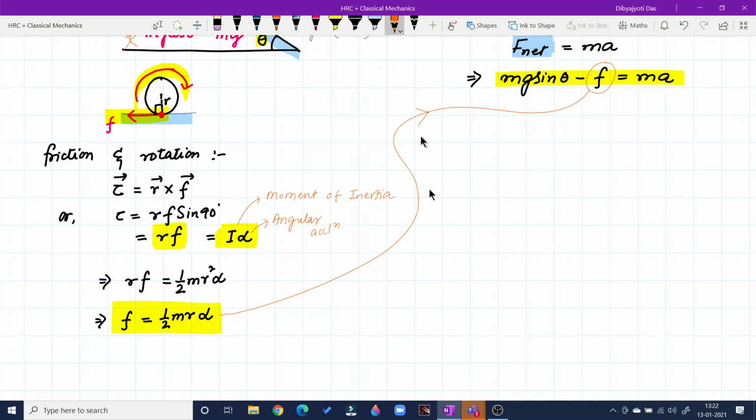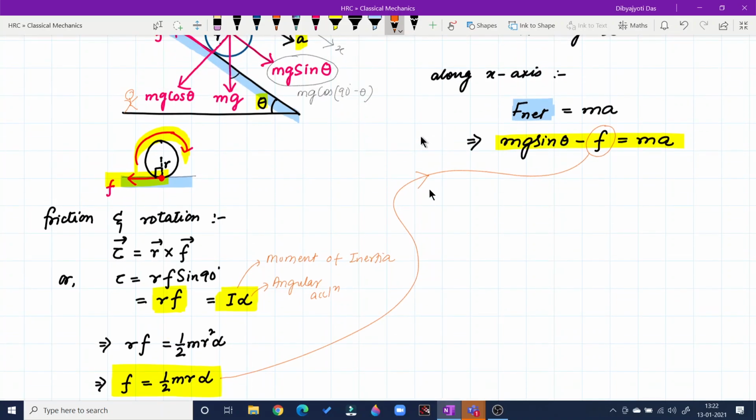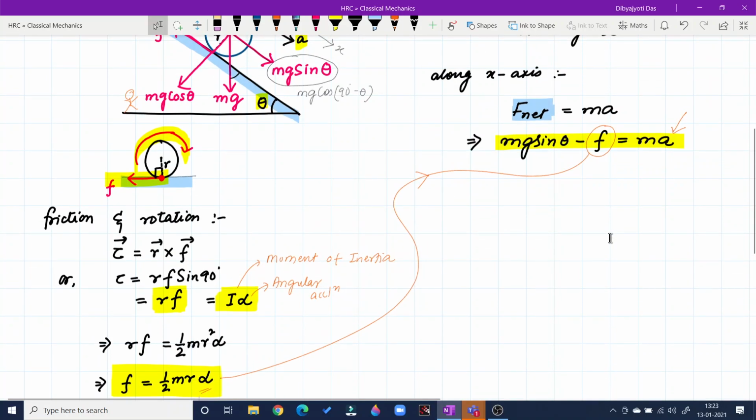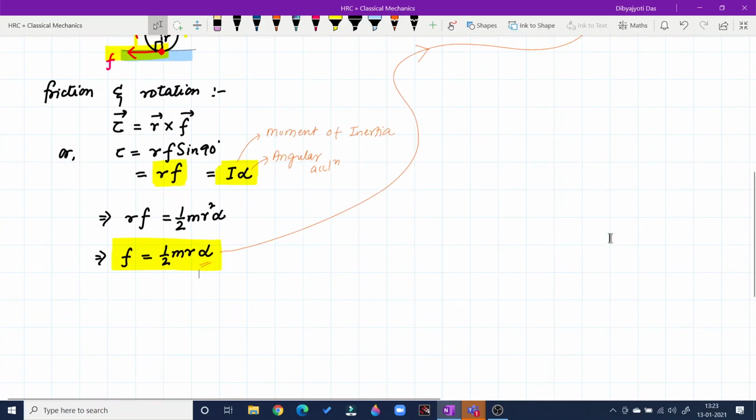However, I also want to find out the acceleration. Okay, I want to find out what is the acceleration. I am not interested in finding out what is the angular acceleration. I want to find out what is the linear acceleration. Now can anyone tell me what is the relationship between the linear acceleration and the angular acceleration?